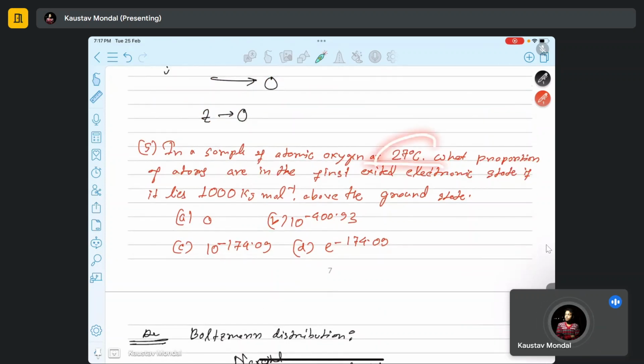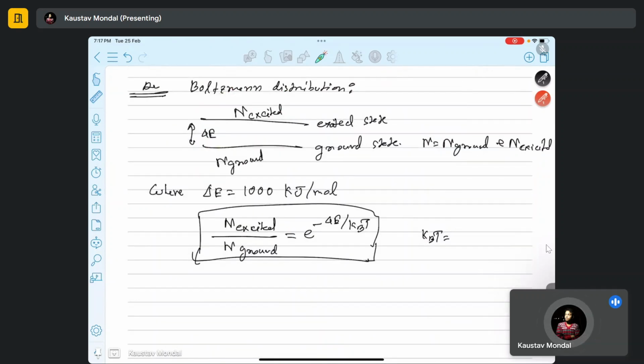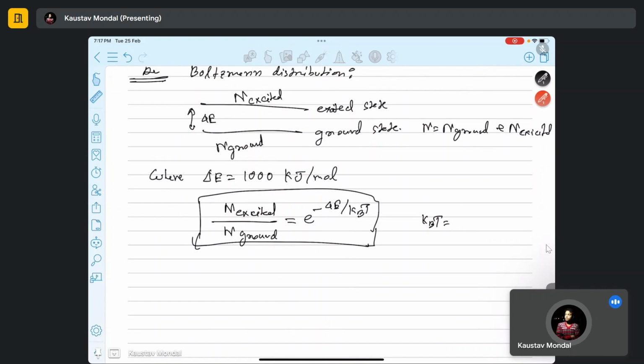That means 1000 Kelvin, right? Sorry, 300 Kelvin. So kBT will be simply 8.314 into 300. As T is 300 Kelvin, this is the value of kBT.